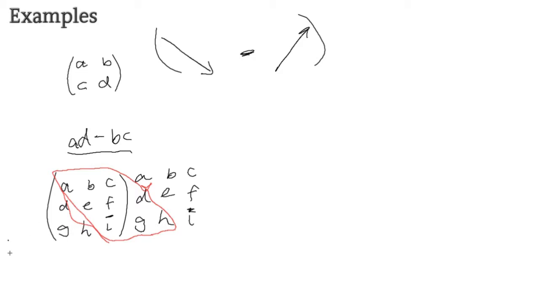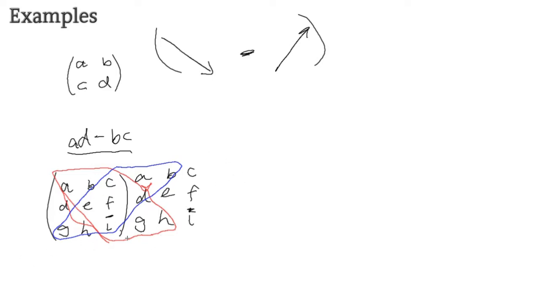Similarly, we have a negative diagonal of CEG and all the way up to B. So we have essentially red take away blue as our determinant.